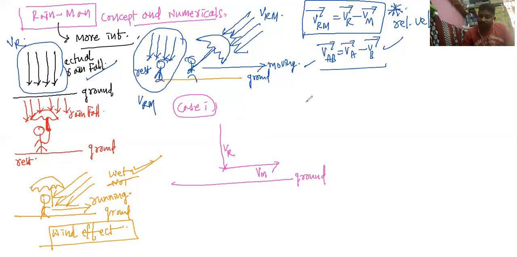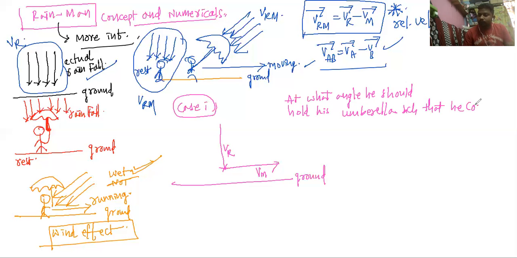So the question is: at what angle should he hold his umbrella such that he could avoid the rain? At what angle should he hold the umbrella?